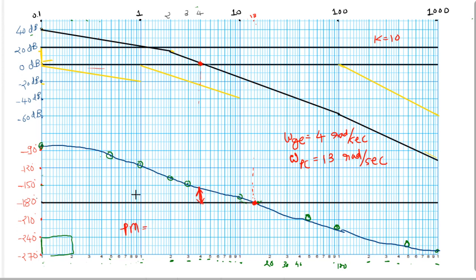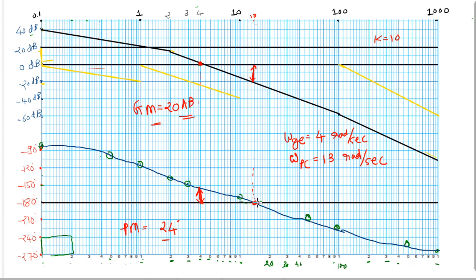If you calculate the phase margin, that is 24 degree, which you can find on your semilog paper at the gain crossover frequency. Similarly, at the phase crossover frequency, if you measure this value, that is the gain margin, 20.